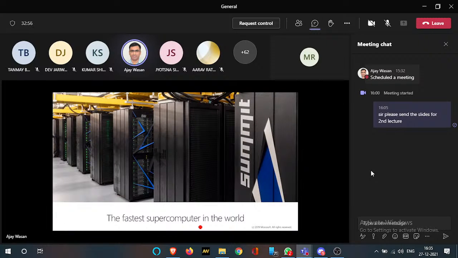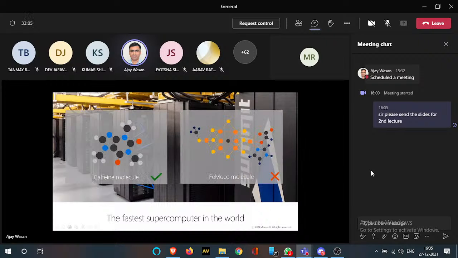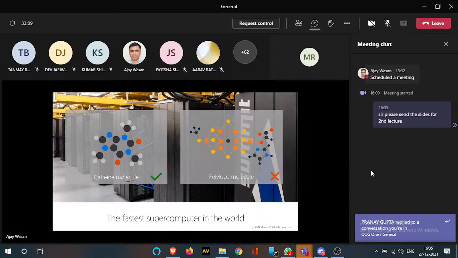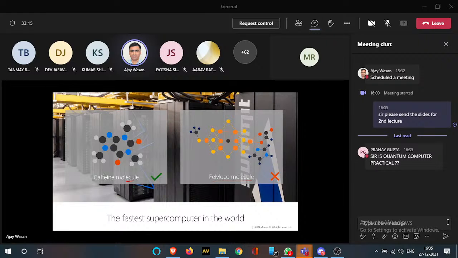The fastest supercomputer in the world, which I showed you in one of the last lectures, somewhere in Japan, very big, the same photograph. They can study the caffeine molecule, but they cannot study more complex chemical molecules. I am not an expert in molecules, but they can study this thing, while the more complicated types of molecules our present supercomputers cannot study.